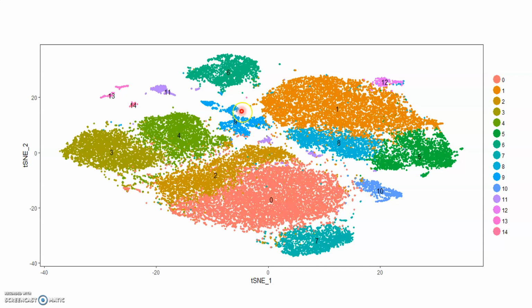The closer they are together, the more similar their transcriptomes are, the more similar the gene expression of those given cells are. And using computational methods, we're able to cluster these cells into specific clusters that might be informative later on. Right now they're arbitrarily numbered from 0 to 14, so we have 15 cell clusters.